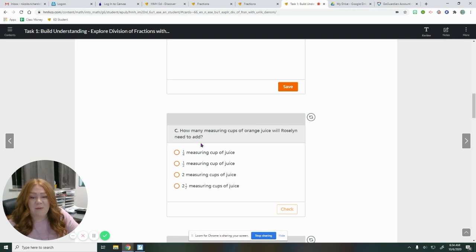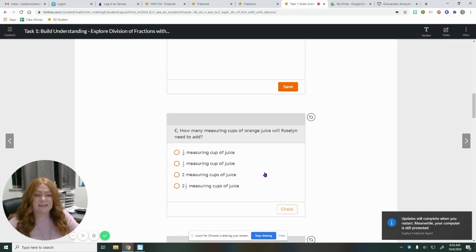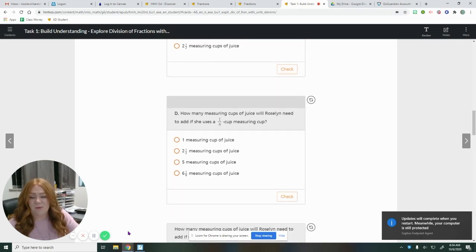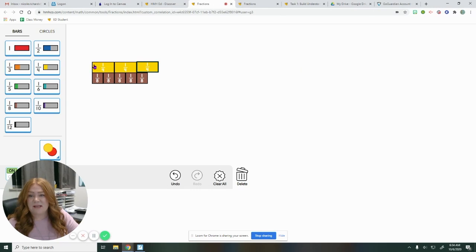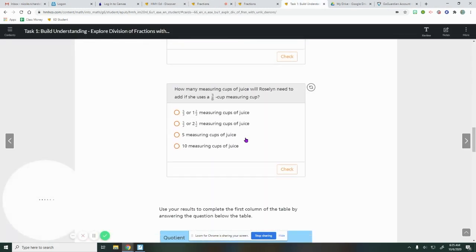So then that should help you picture how much orange juice, how many cups as she scoops out, that she needs to add. And you also have that fraction picture here as well. So it looks like she needs to scoop out 1, 2, and a half here.